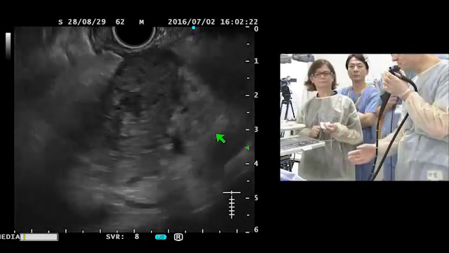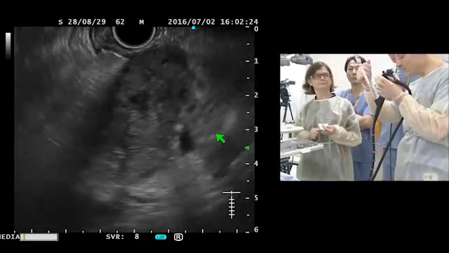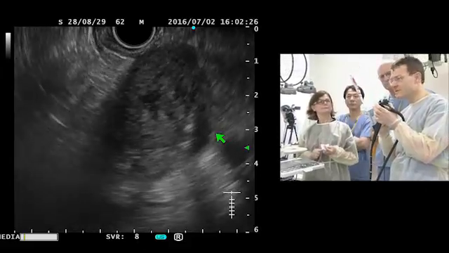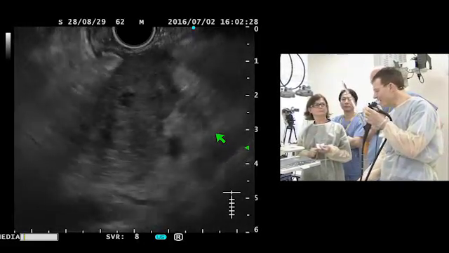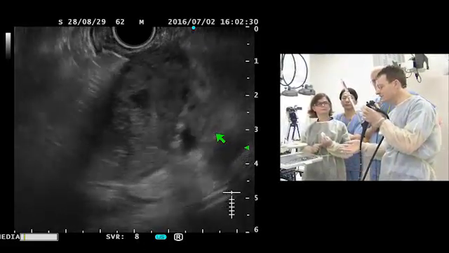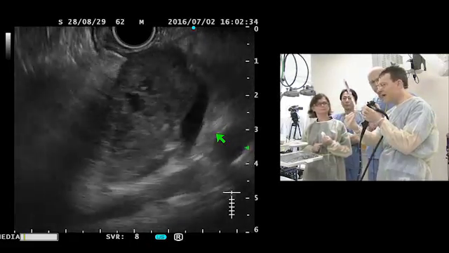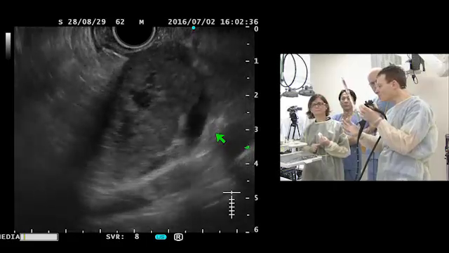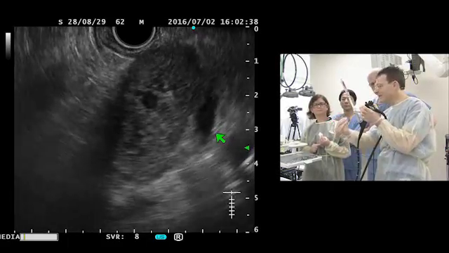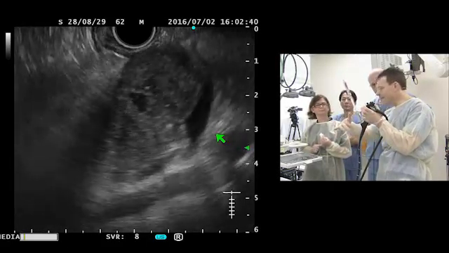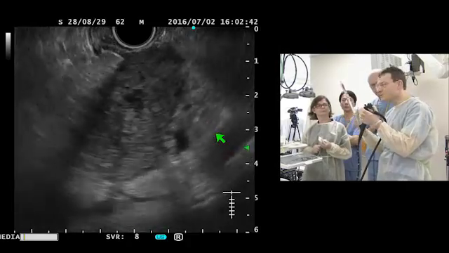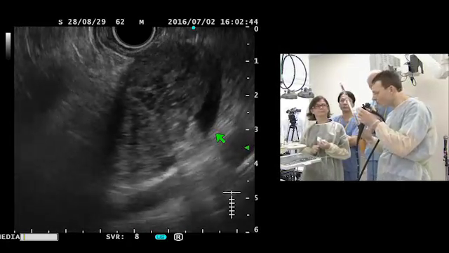And we have sometimes a problem with the transmission of the force. So sometimes it is better to bend the scope a little bit, because then you have the forces better in the axis of the needle. However, if the scope is too much bended, then you will also bend the needle and you finally have a problem. So somehow we have to find a compromise.